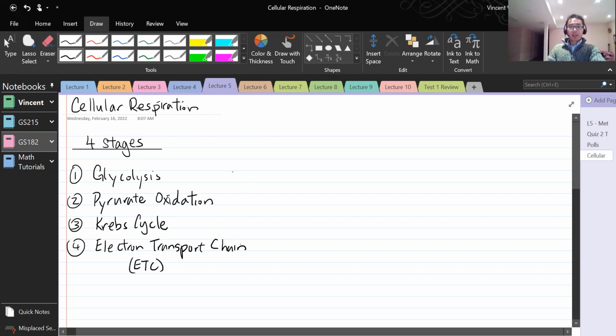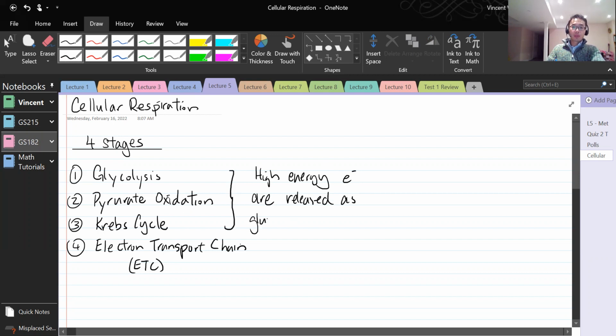So here is the premise, okay? We're doing an oxidation reaction. That means we're going to be ripping high energy electrons away from the glucose. And that happens in the first 3 stages, right? So in these 3 stages, high energy electrons are released as glucose is being oxidized, okay?